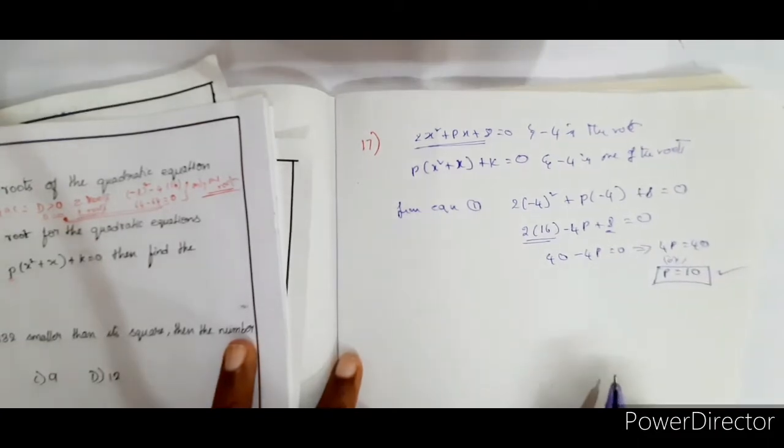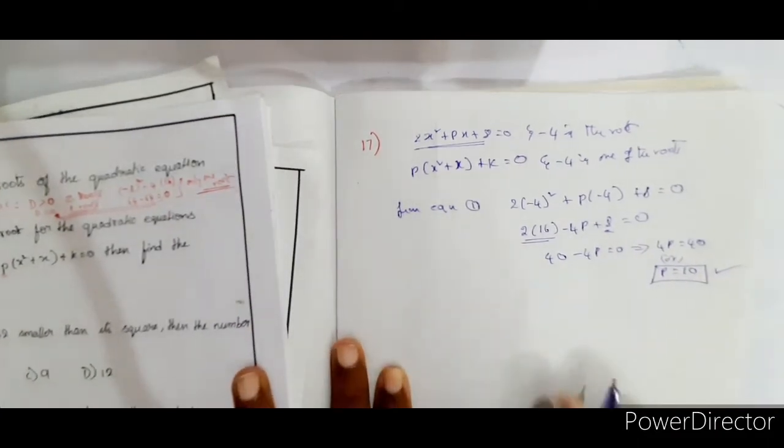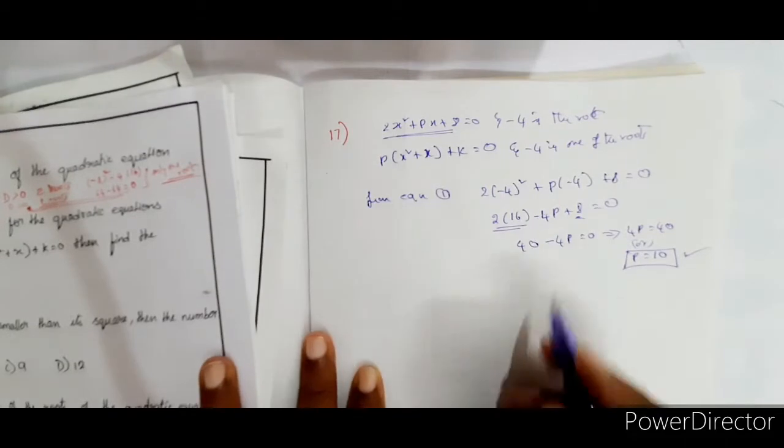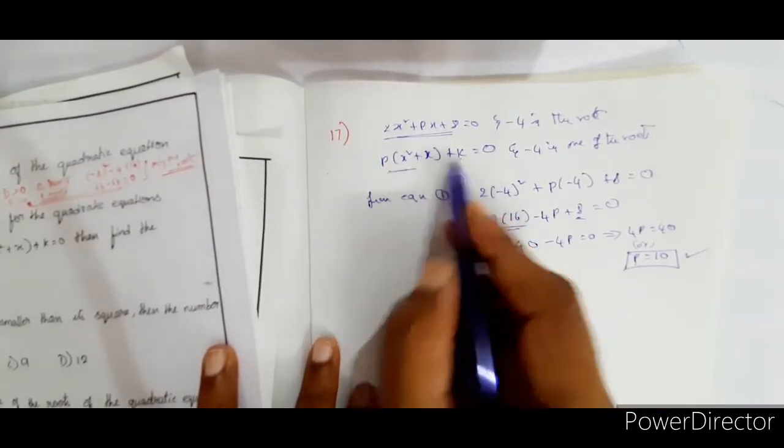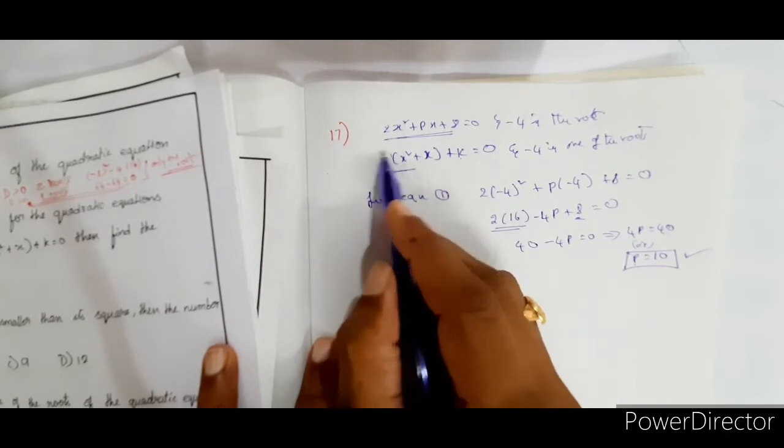So you got the value of p here. Now we need to substitute this in the other equation in order to eliminate p.